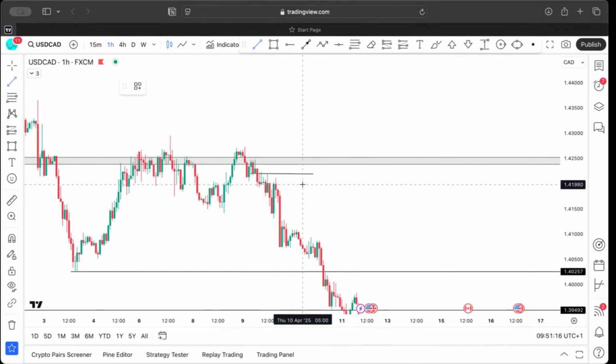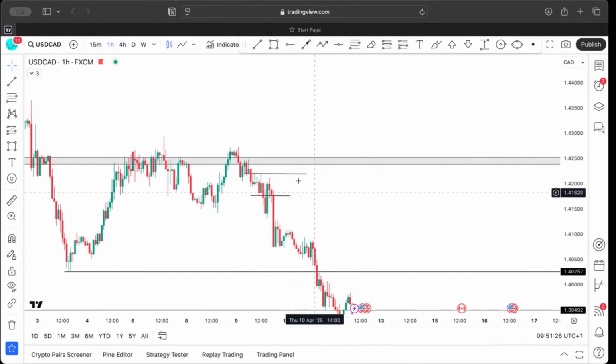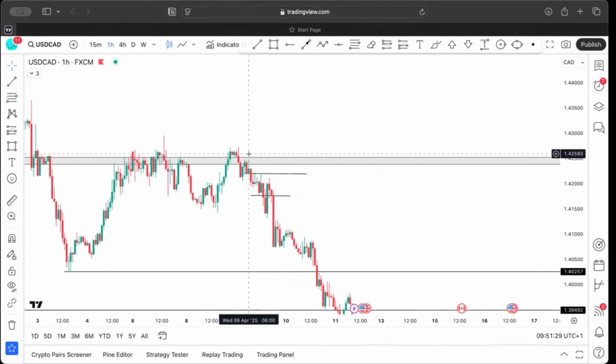Then I waited for some sort of rejection and breakout from somewhere around this level. If you can see, the market created lower low, lower high, lower low, lower high, and I waited for session to click in.